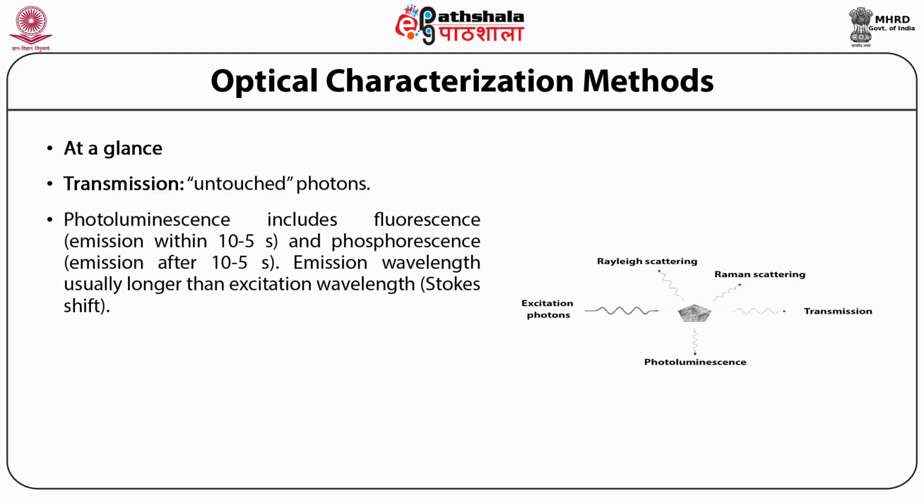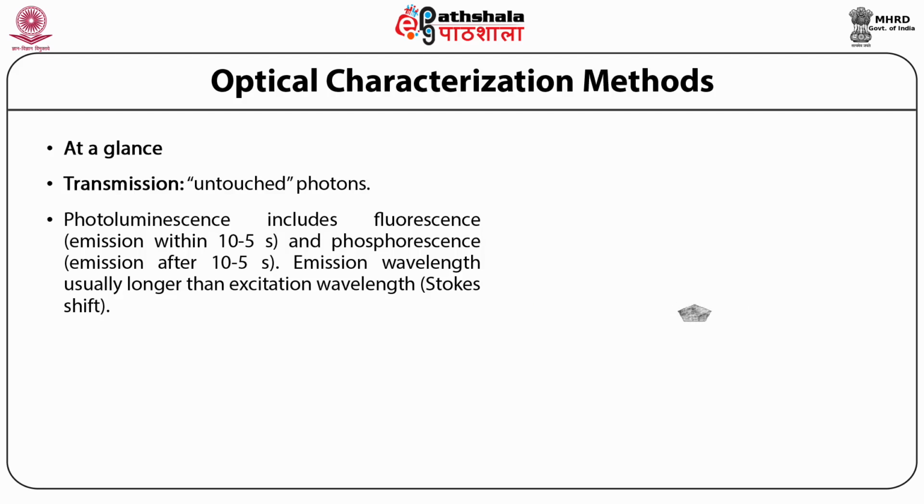Second, photoluminescence, which includes fluorescence emission within 10 to the power minus 5 seconds and phosphorescence emission after 10 to the power minus 5 seconds. The emission wavelength is usually longer than the excitation wavelength, the Stokes shift.